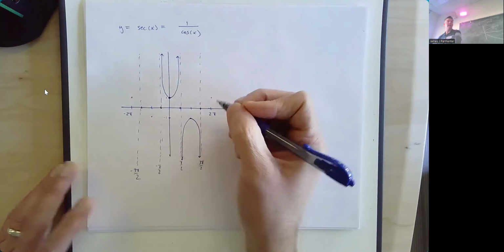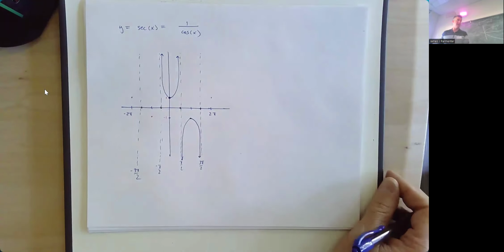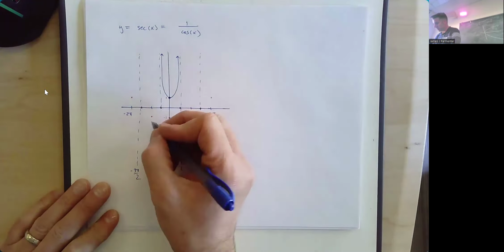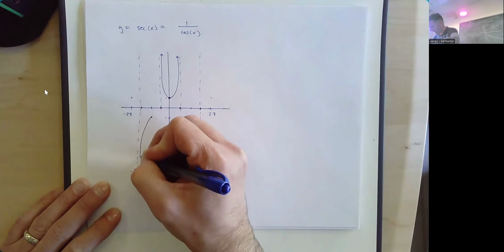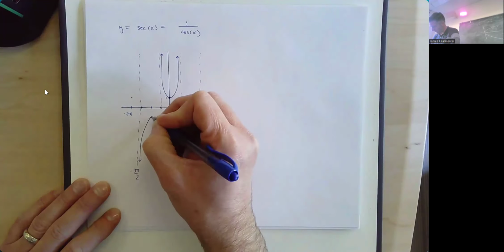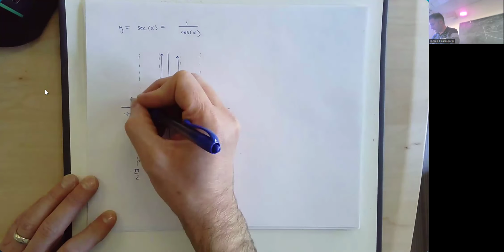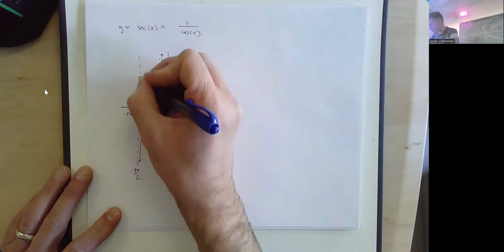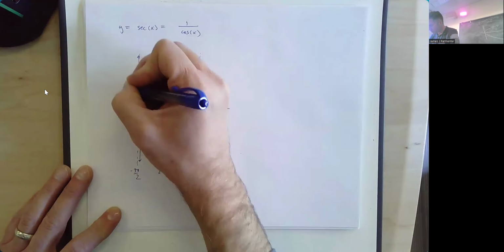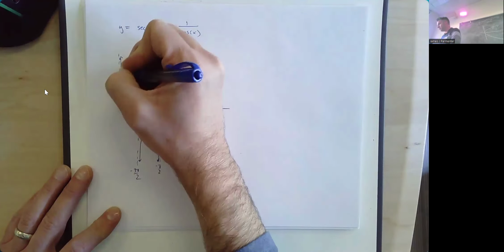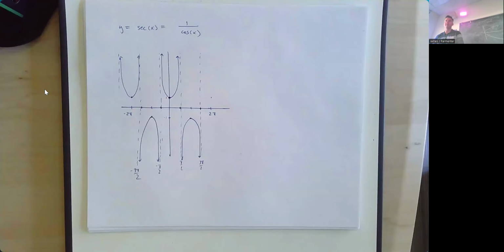You're never crossing the x-axis. You're always going away from the x-axis. So here, since I'm starting below the x-axis, I'm going to go away and below. Should be a little more rounded than I've drawn it there. Instead of going down, I'm going to go away and up. So there's a couple periods of secant.